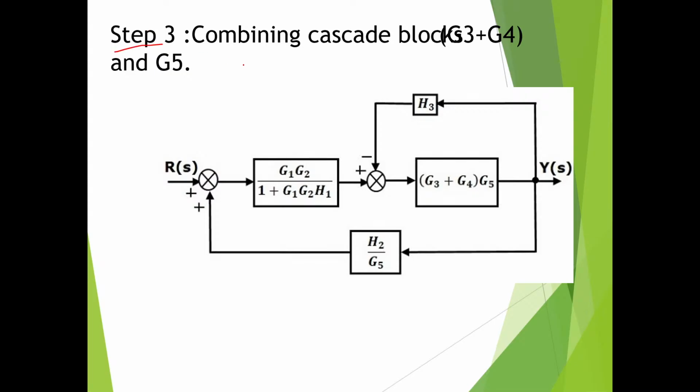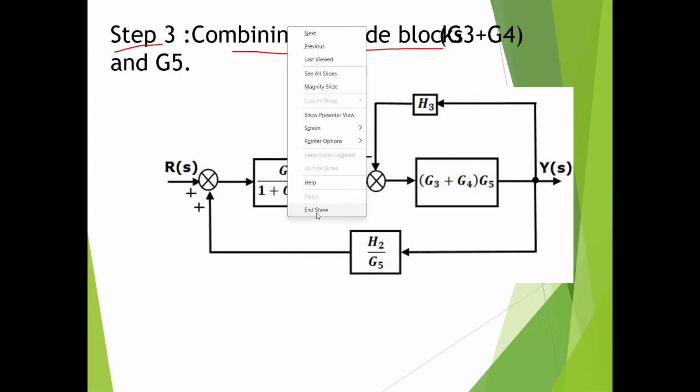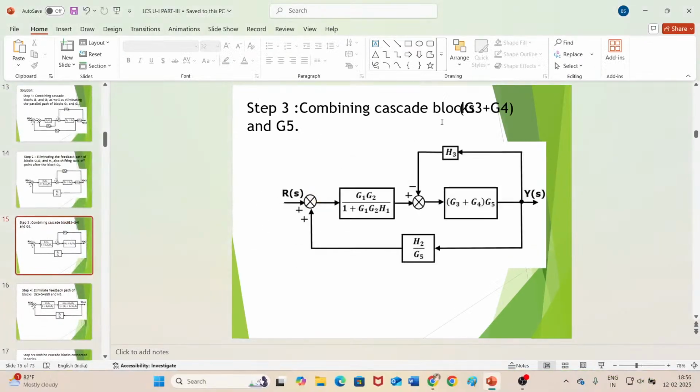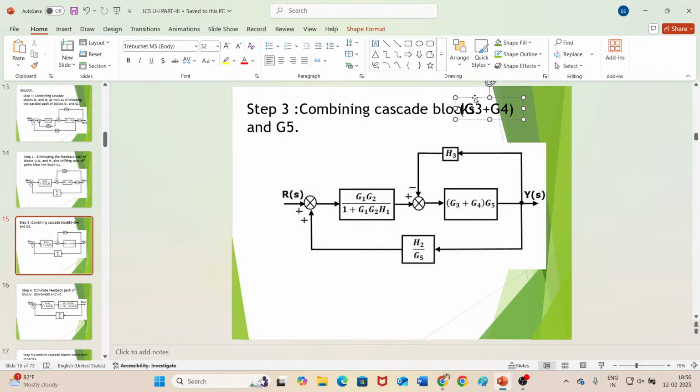So in step number 2, what did I do? Combining the cascade blocks G3 plus G4 and G5. See, it has overlapped here. I will just move this.